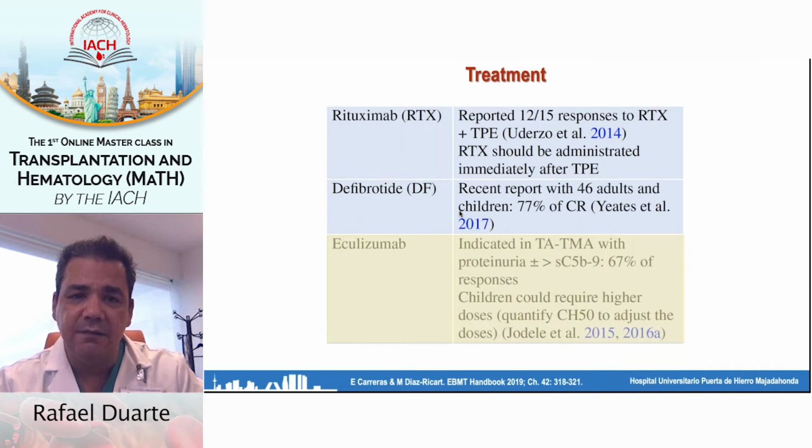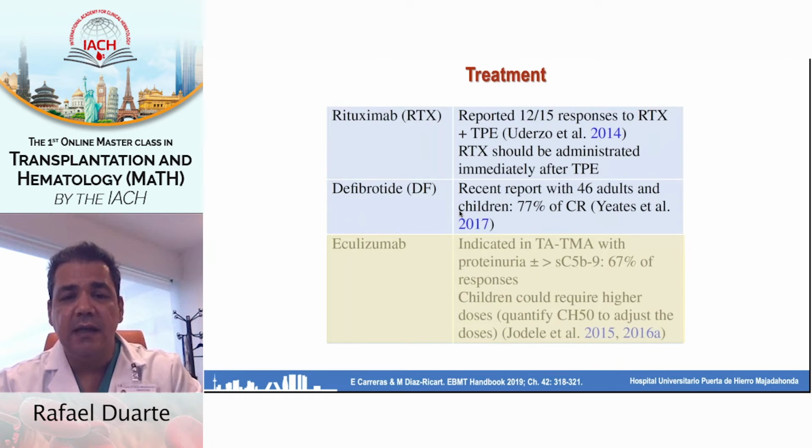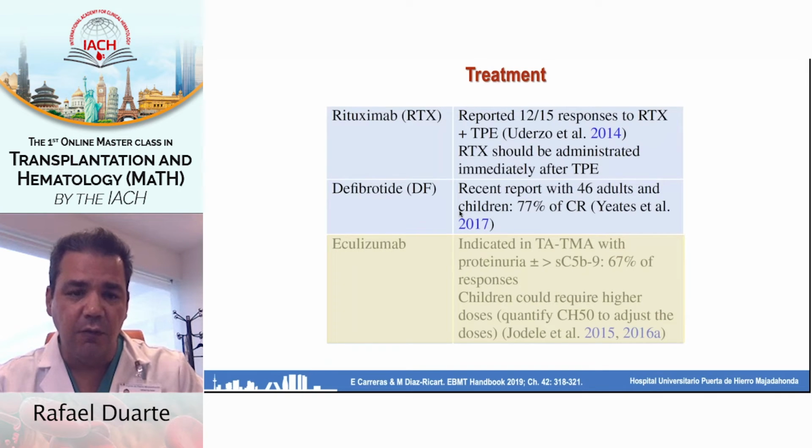Rituximab and defibrotide we've discussed. Eculizumab, without a doubt, is indicated in TA-TMA with proteinuria, and the indication in reality is for atypical HUS, and this is the nearest we have right now to an indication for a drug in this setting.